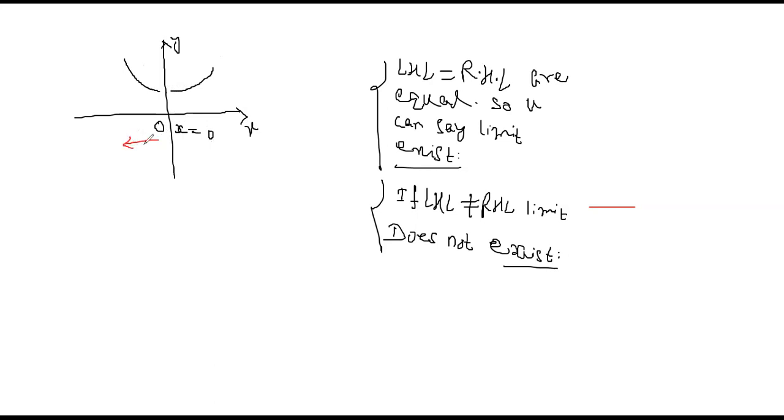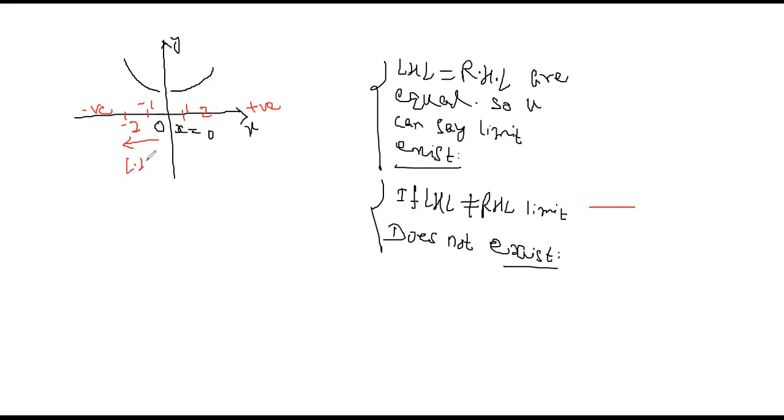On the left side, it will be less than 0, because here it is negative and here it is positive, like -1, -2. This is known as the coordinate axis. So it is just less than 0.